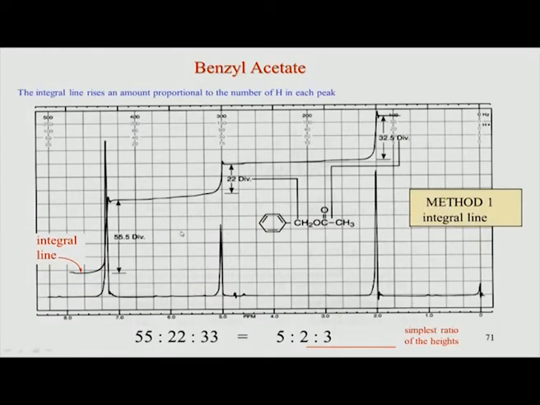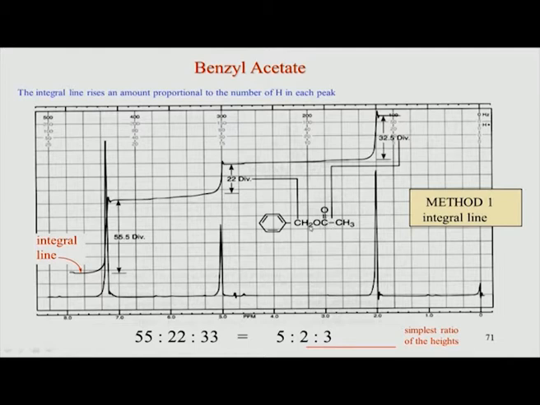This is taken from a book called Spectroscopy by Pavia. Here you can see the peaks for this particular molecule. We will look more closely at why the peaks appear where they do under chemical shift analysis, but the point to take home in this slide is the number of protons. Here it is 3, here it is 0, there are no protons, so of course you do not get any peak from this in the proton spectrum.